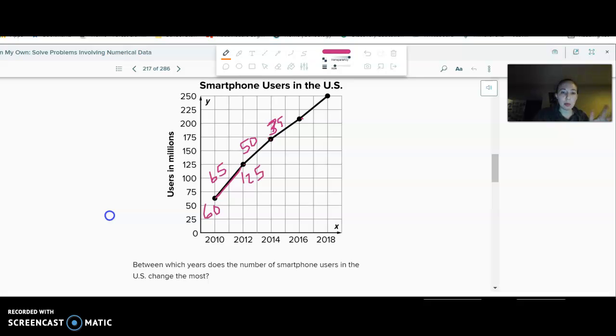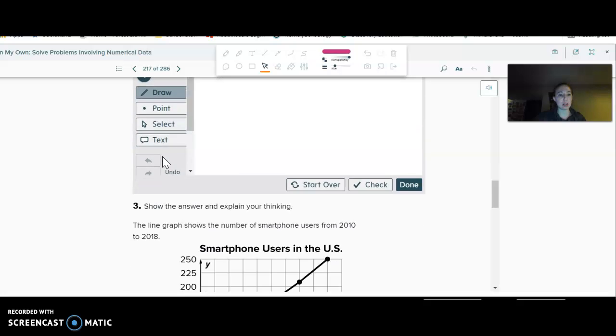And then from like 210 or maybe 205 to 250 is maybe what, 45 or 40? So this one is the most amount of change. Again, we can see that it's the steepest. That also shows the most change. 2 ways to think about it.